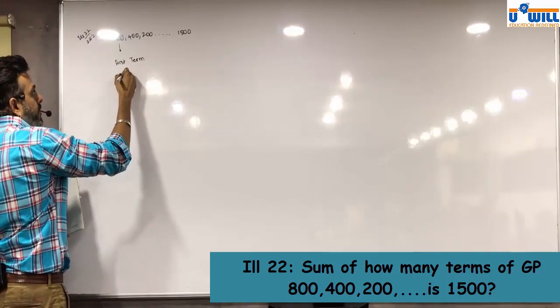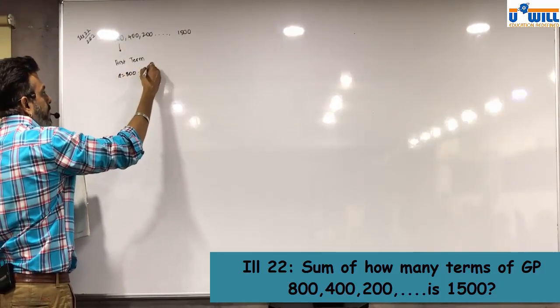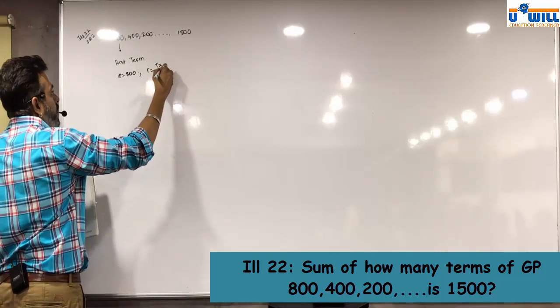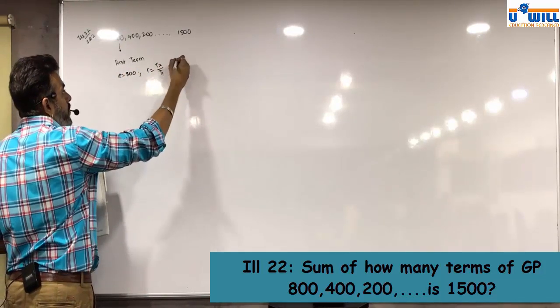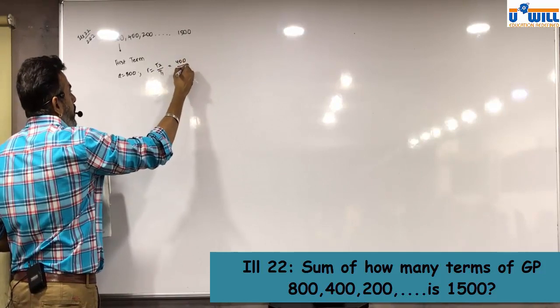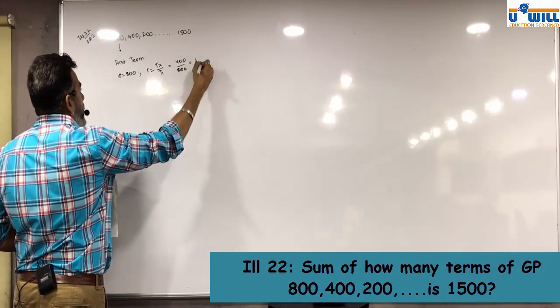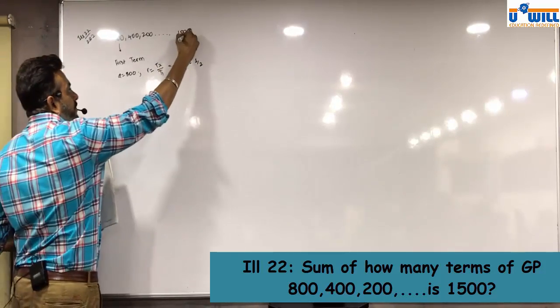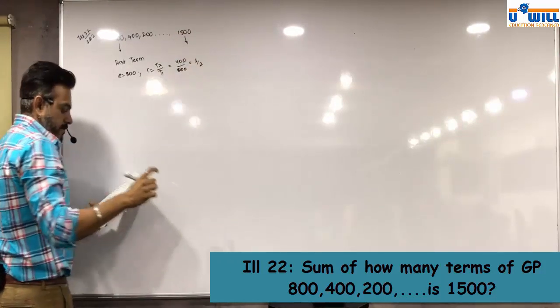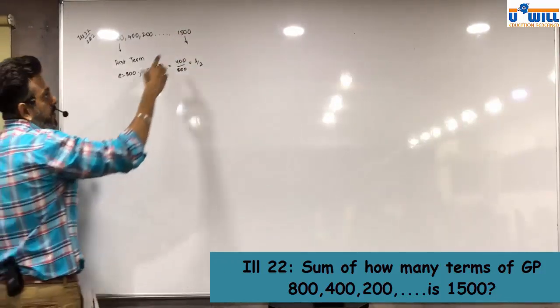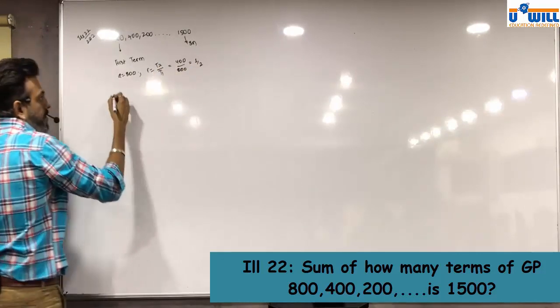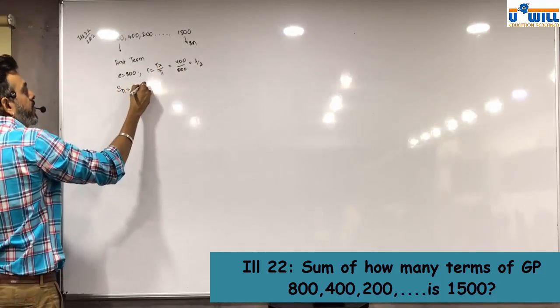So we take A is equal to 800. R is equal to T2 upon T1, which is equal to 400 upon 800, which is equal to 1 by 2. Now what is 1500? This is the sum. So it's a total. So this is Sn. So Sn is equal to 1500.